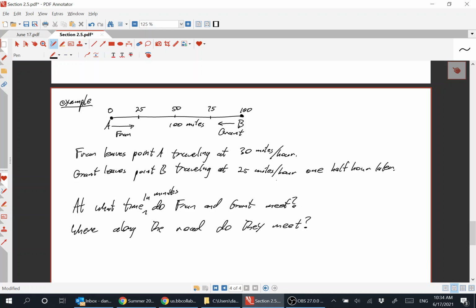I think I'm going to make the initial starting time when Grant leaves. But even before that, I'm asking the question, at what time in minutes do Fran and Grant meet? Yet I gave the speed at which they travel in miles per hour rather than miles per minute.